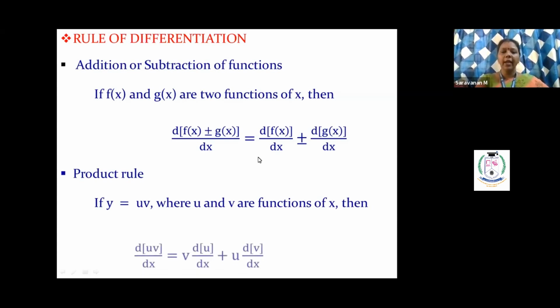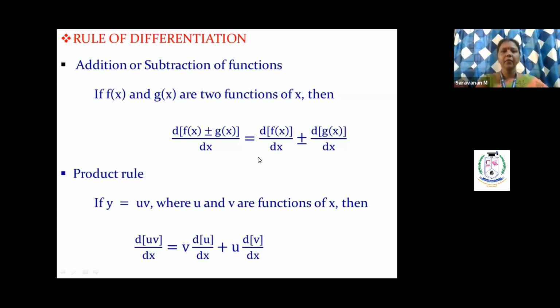So dy by dx, where y is replaced here as uv, d of uv by dx is equal to v into d by dx of u plus u into d by dx of v. We are differentiating u, keeping v as it is, plus keeping u as it is and differentiating v. So what we got here is v du by dx plus u dv by dx.